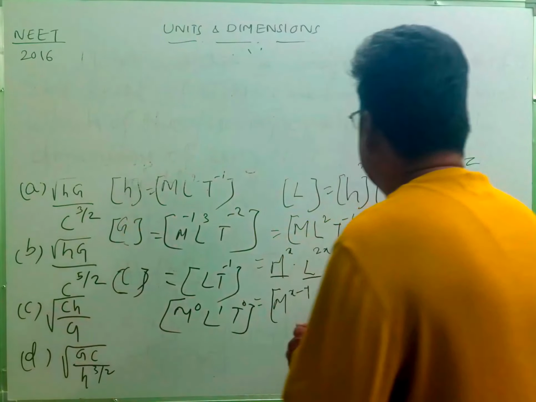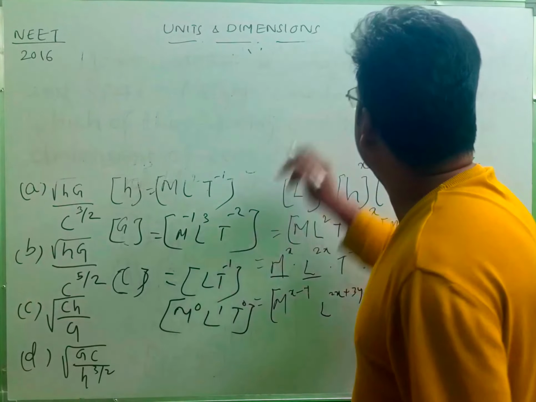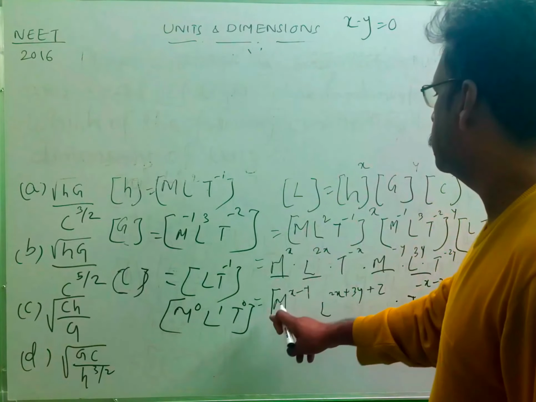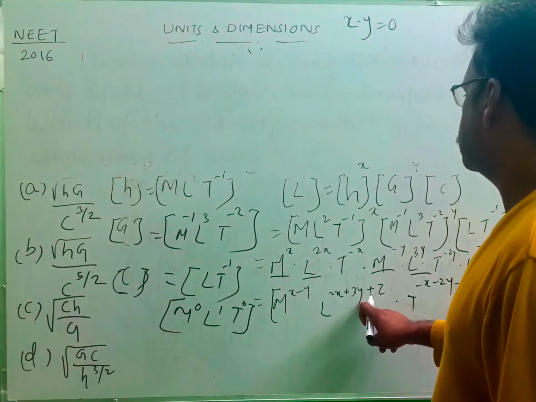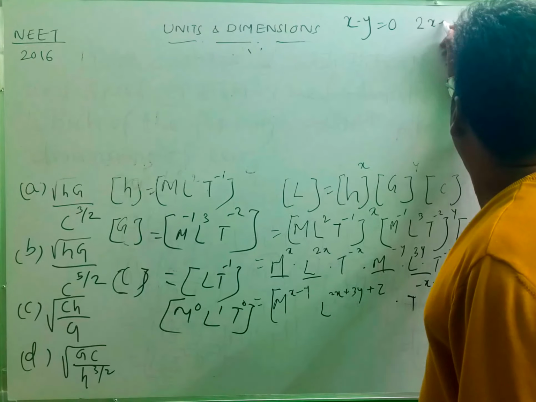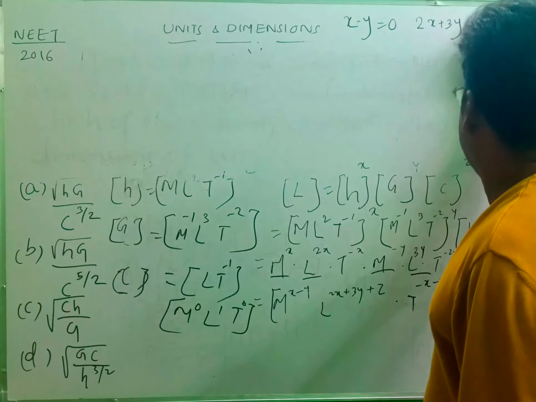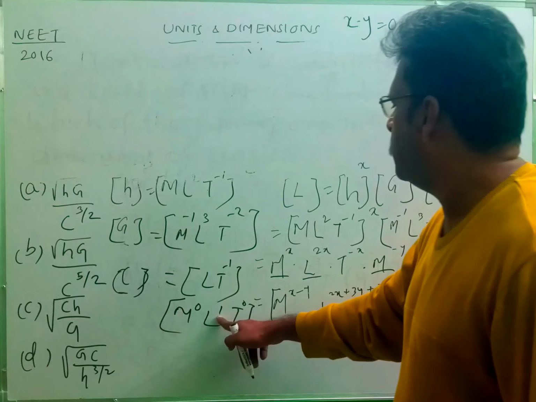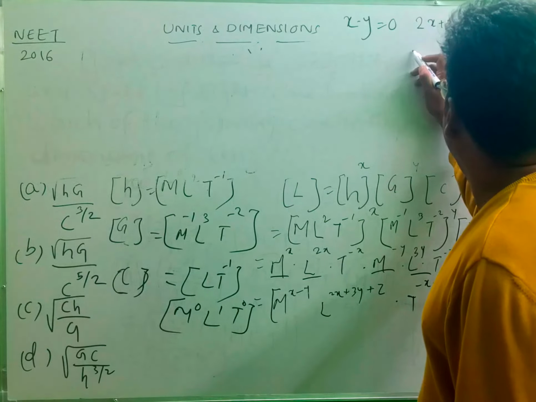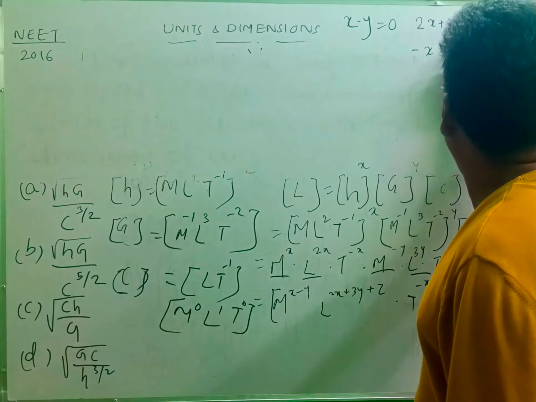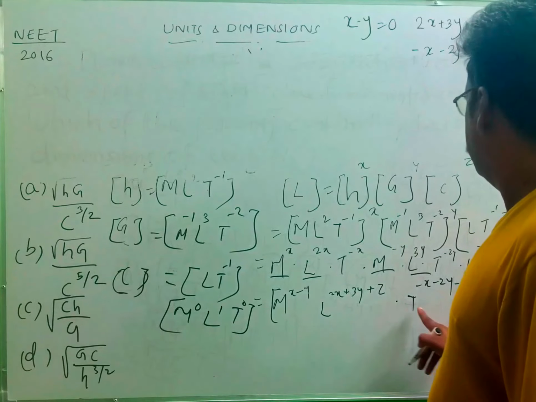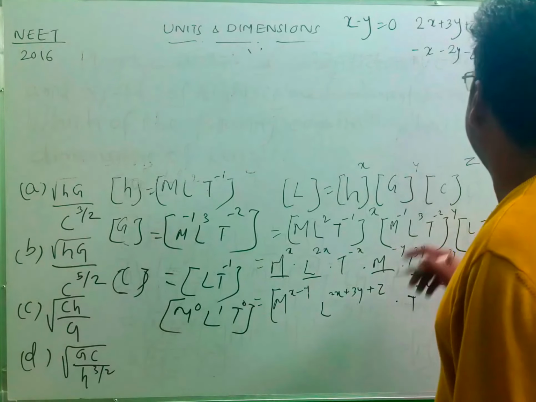Okay, students? This is x minus y is equal to 0 and 2x plus 3y plus z is equal to, what is the exponent of L here? That is 1, and minus x minus 2y minus z is equal to 0 because T has exponent 0 there.